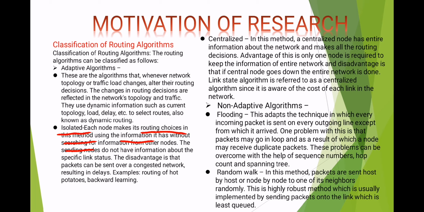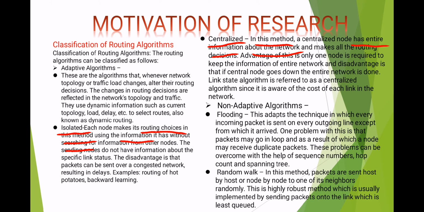Second is centralized. In this mode, a central node has extra information about the network and makes all the routing decisions. The advantage is that it keeps the information, and the disadvantage is that if the central node goes down, the entire network goes down.